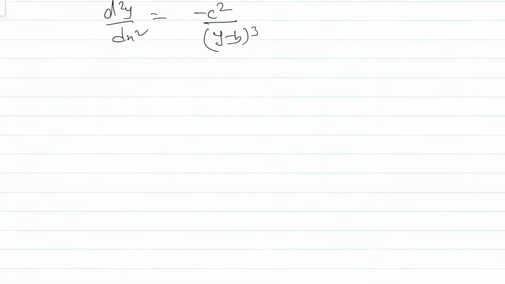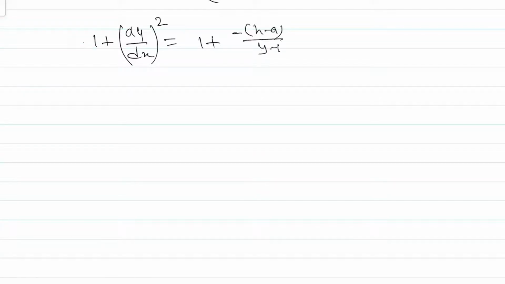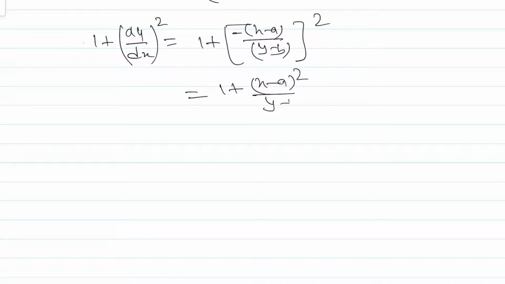Now we'll calculate the value of 1 + (dy/dx)². Since dy/dx is −(x − a)/(y − b), it will be equal to 1 + (x − a)²/(y − b)².